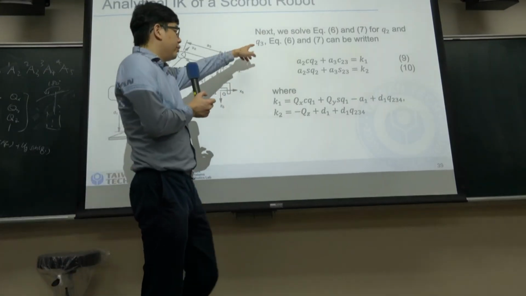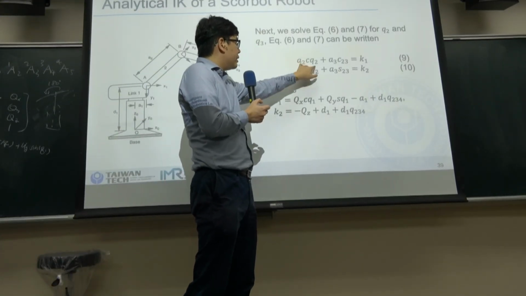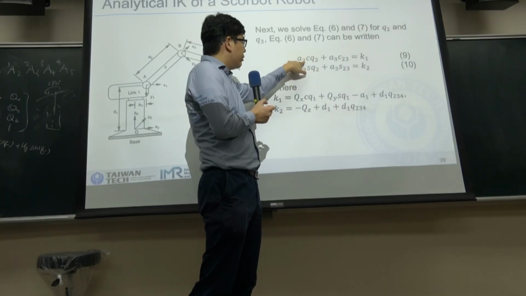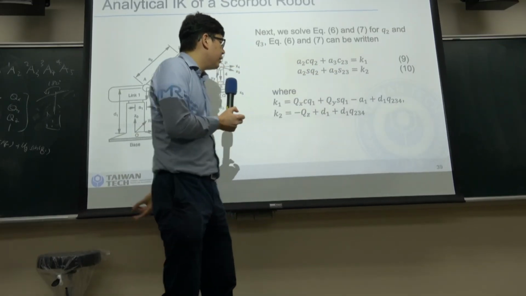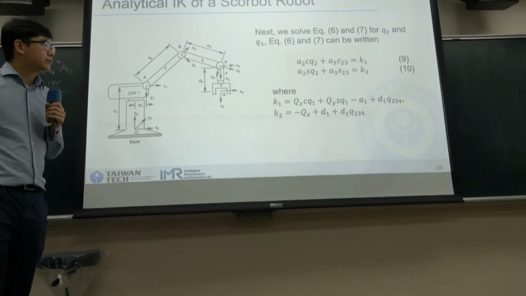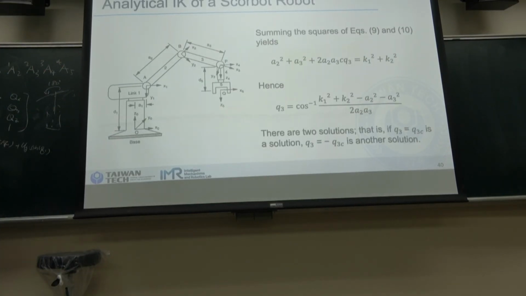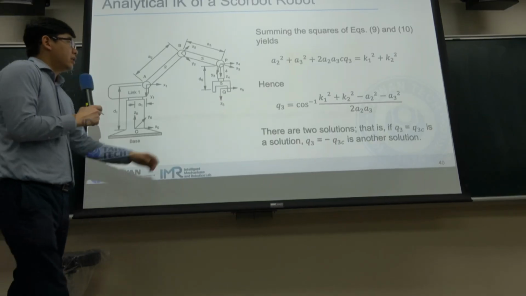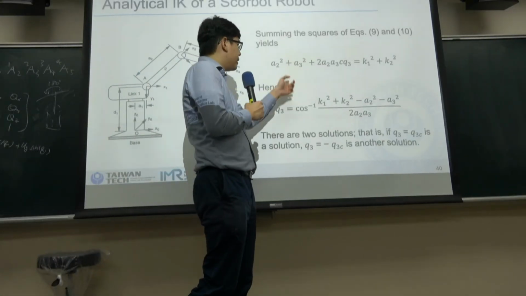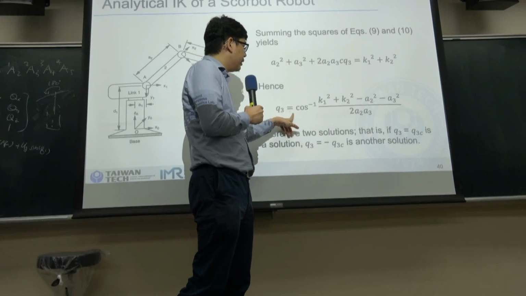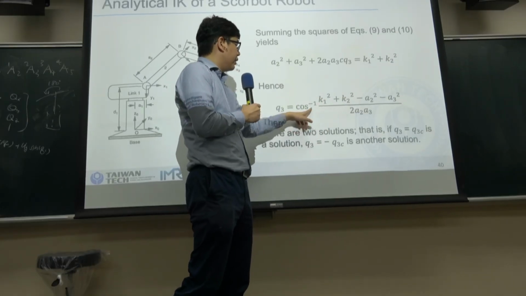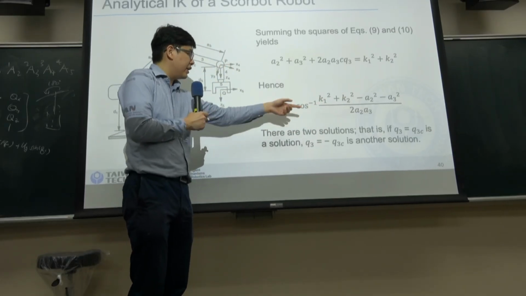And then through these equations, we get theta 2 and theta 3. So we square it, then we can get Q3. So the equation of theta 3 is this one.